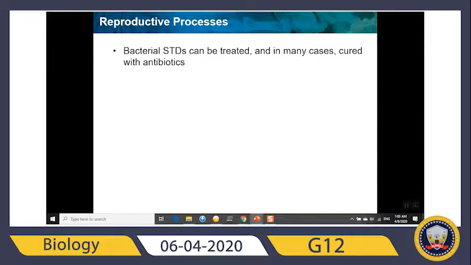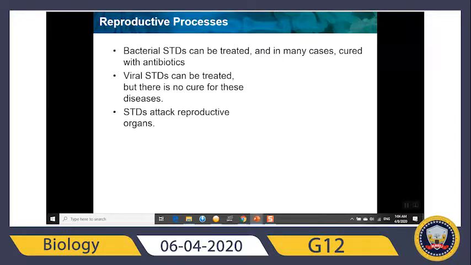Now, bacterial STDs can be treated. In many cases, they are cured with antibiotics. Viral STDs also can be treated, but there is no cure for certain diseases. For example, HIV cannot be cured.